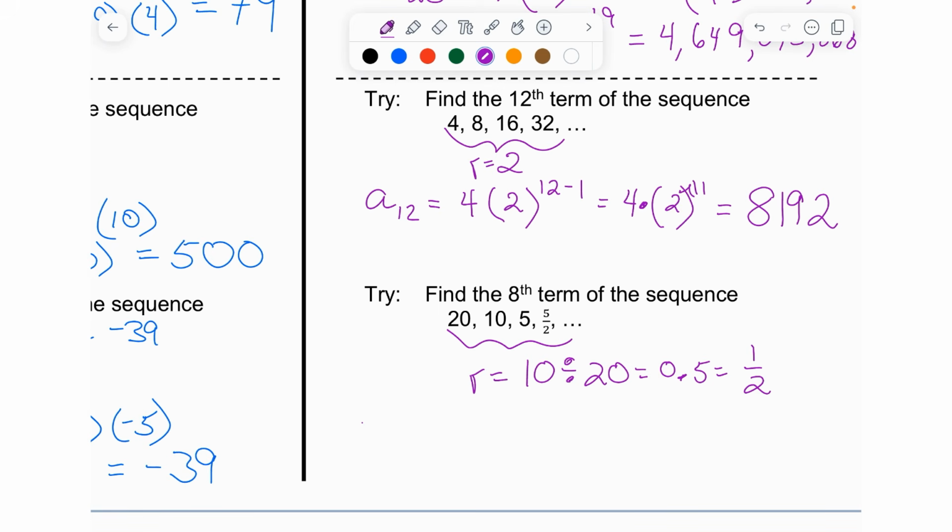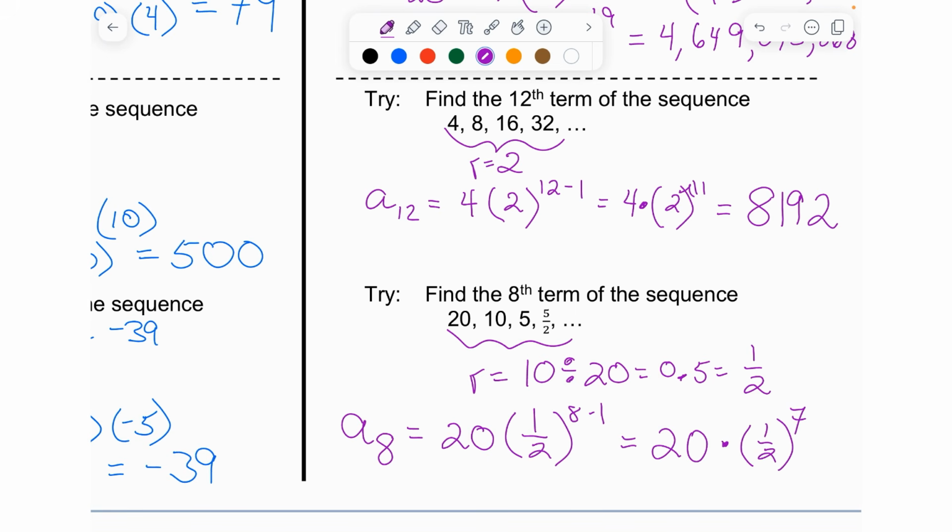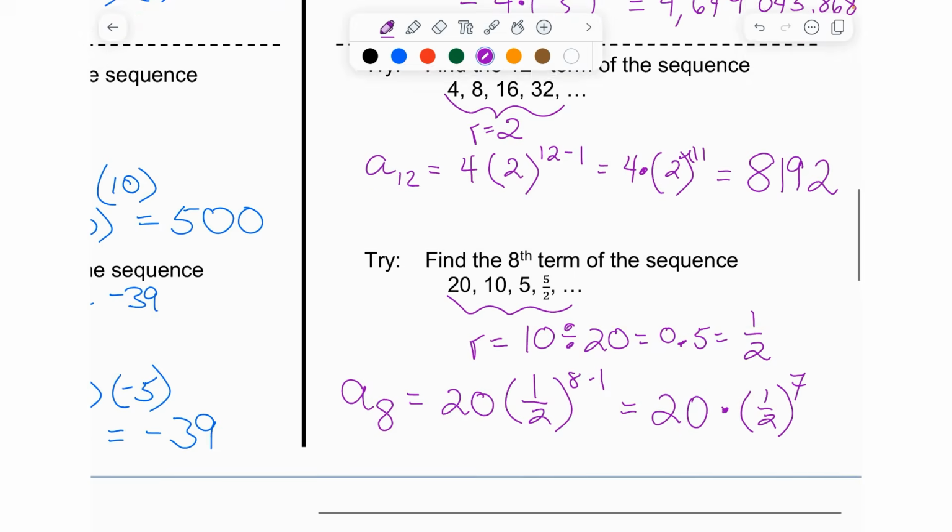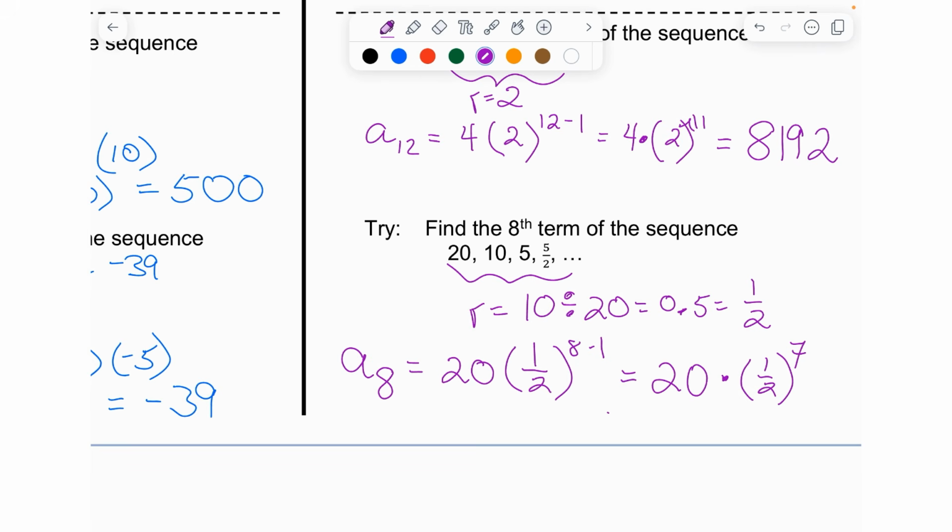All right, well, we just want to find the 8th term, so we're going to use that geometric formula. We need the first term, we need this common ratio, and we need an exponent. 8 minus 1, we need an exponent of 7. It's going to be 20 times 1/2 to the 7. As I've said a couple times, you can type that in. Okay, well, think about it.